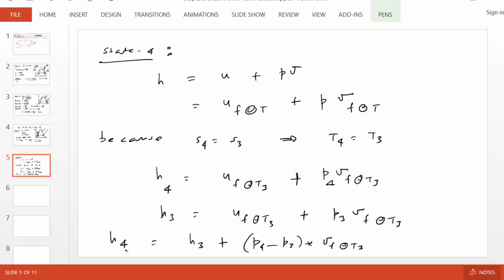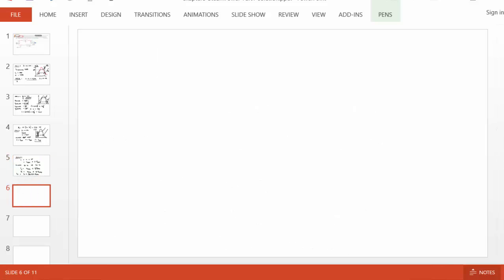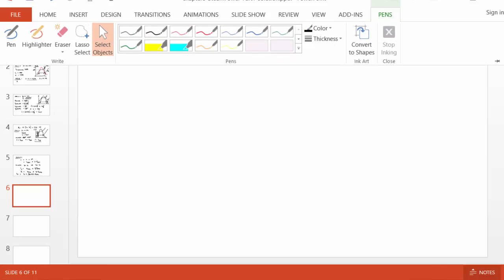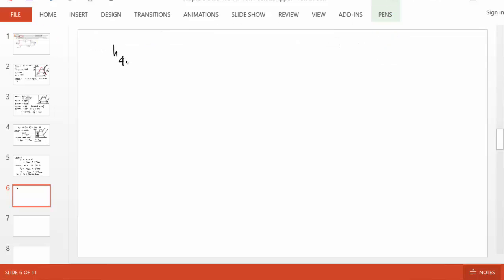So to complete the problem, we already know H3, we know P4 and P3. The pump raises the pressure from 100 to 4,000, and VF at T3, that's the only number we need. So H4 is H3 plus pressure difference.